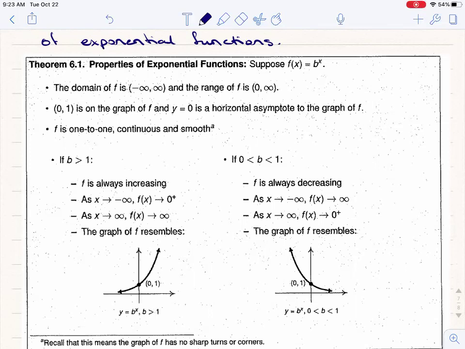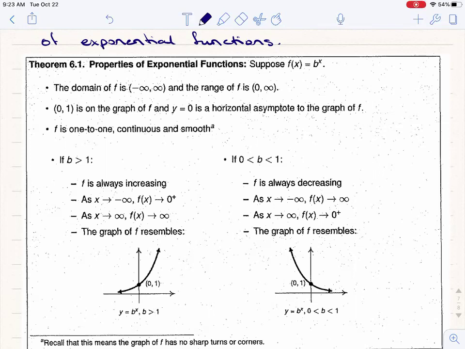We've already talked about the domain of an exponential function: it's going to be from negative infinity to positive infinity. That's always going to be true as soon as we have an exponential function. And then the range never drops below 0, so it goes from 0 to positive infinity, not including 0 because it's never actually going to touch the x-axis, so we've got round brackets.